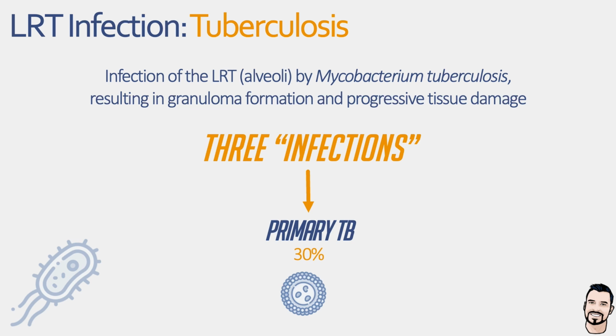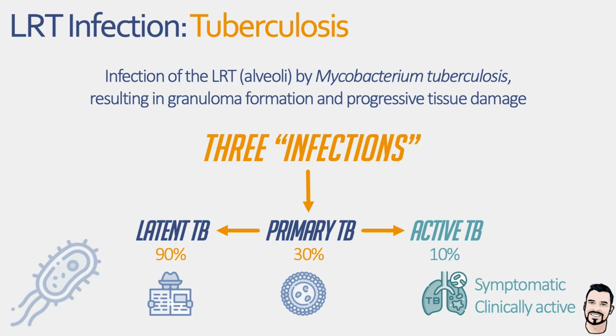The most common option, occurring in 90% of cases, is a progression to a latent TB infection, where the immune system arrests the progression of the infection. Bacteria are contained within the tubercle, and there are no symptoms or transmissible disease. The second option, which only occurs in 10% of cases, is a progression to a primary active TB infection.